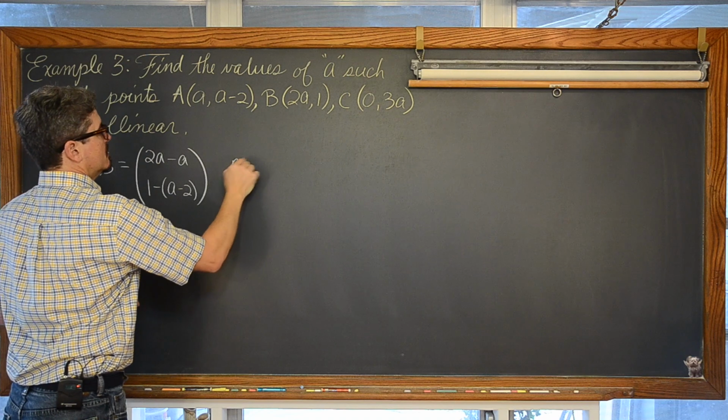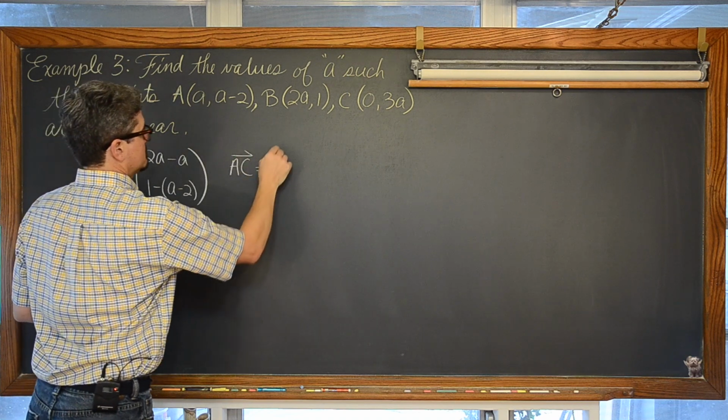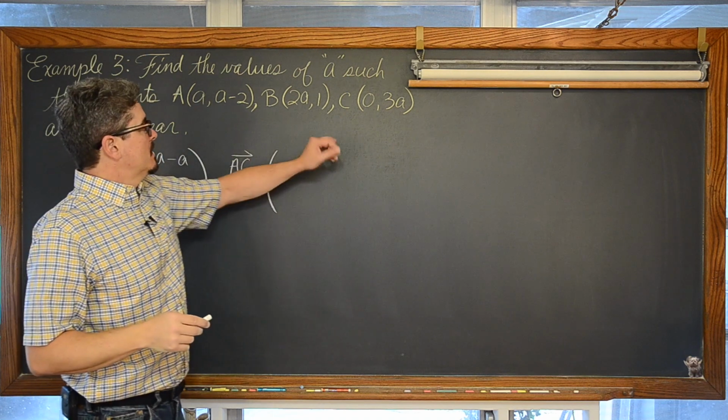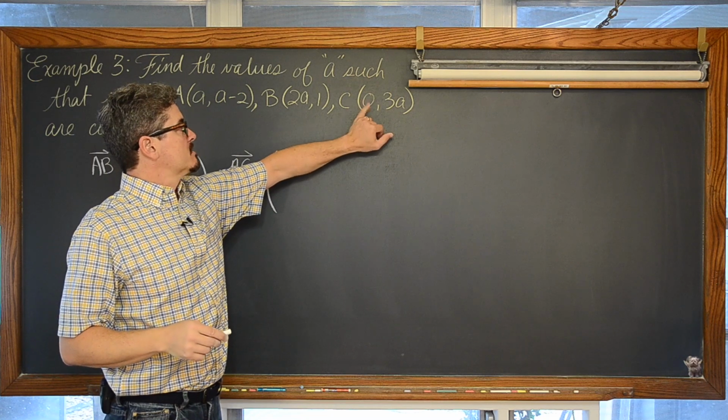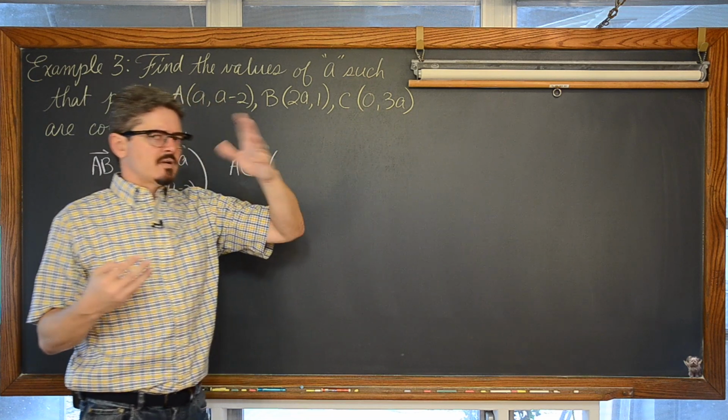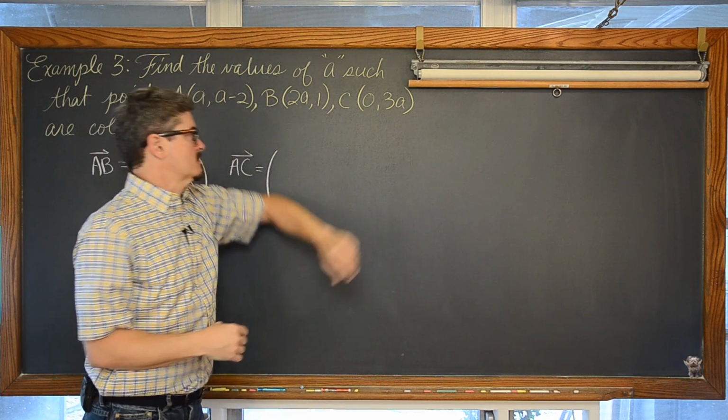And vector AC, subtract those horizontal components. I'm going to try and say x, y, and ultimately we're doing 3 space as well.